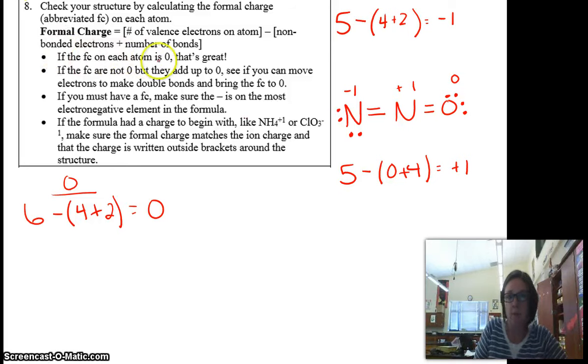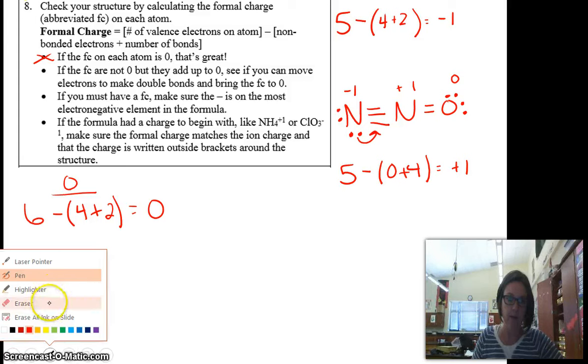The formal charge on each atom is not 0, so we have to move on. If the formal charges are not 0 but they add up to 0, see if you can move electrons to make double bonds. I already have a double bond, but let's see if I can make a triple bond and bring this formal charge down and this one up. Let's try moving these 2 electrons here to make a triple bond. Let me get my eraser tool out.